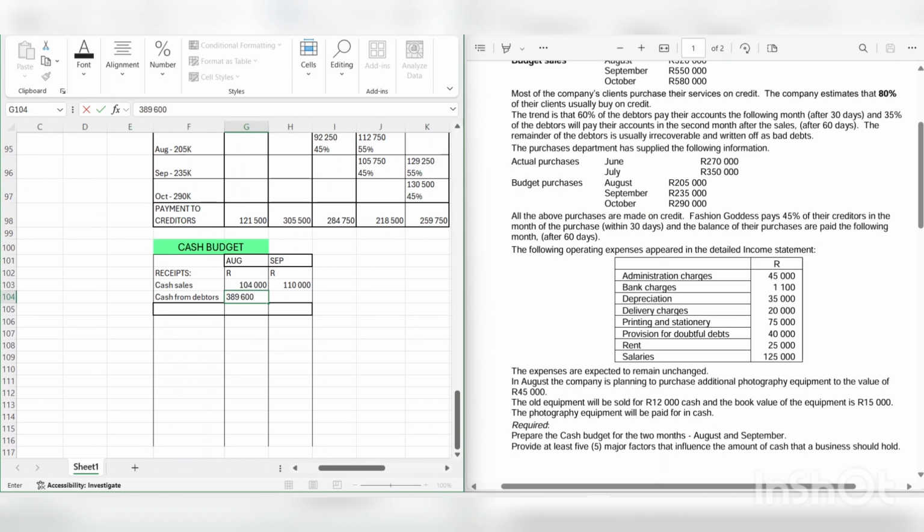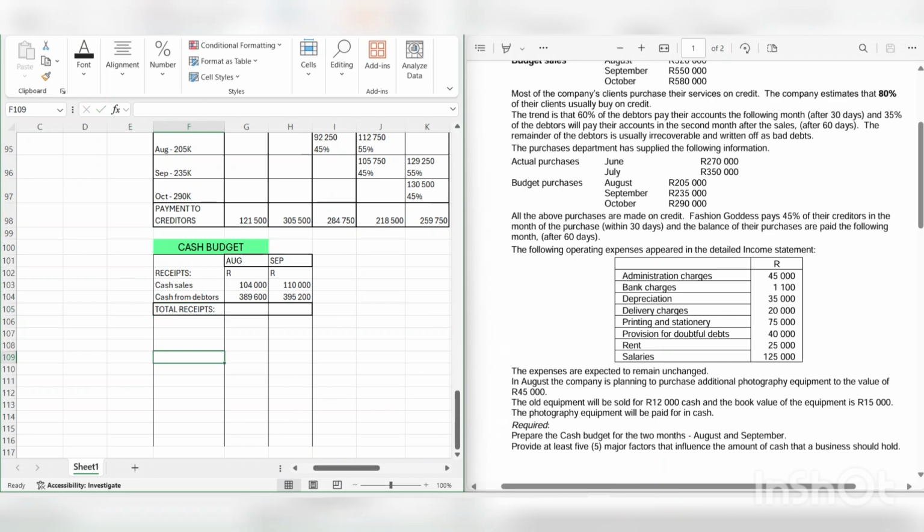Okay, let's type that in. And you type in your total receipts.